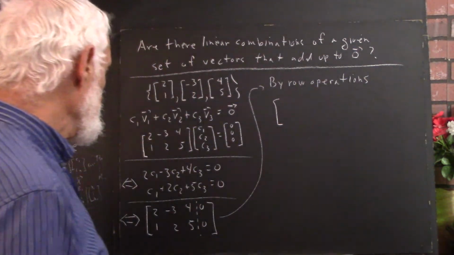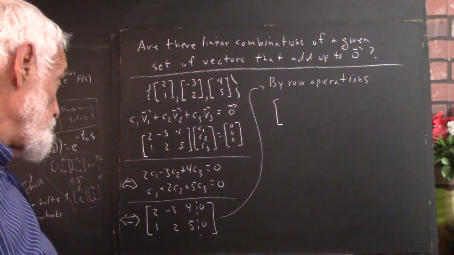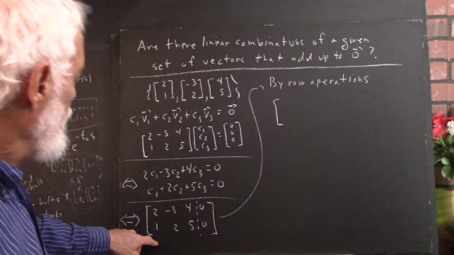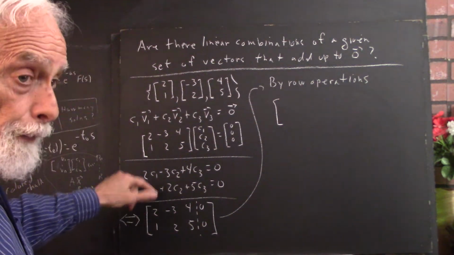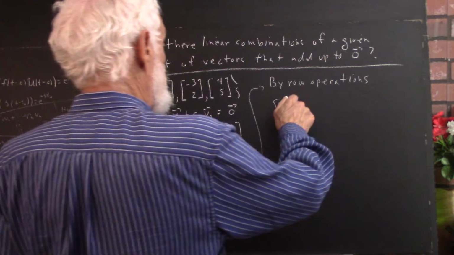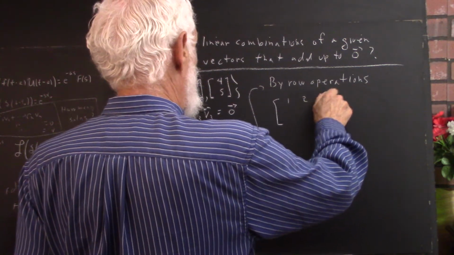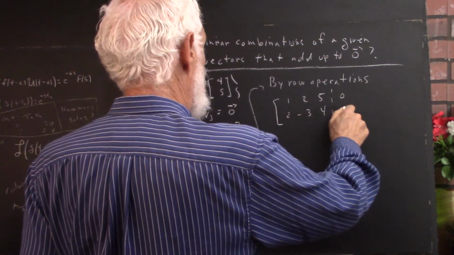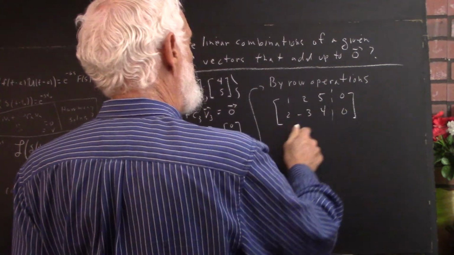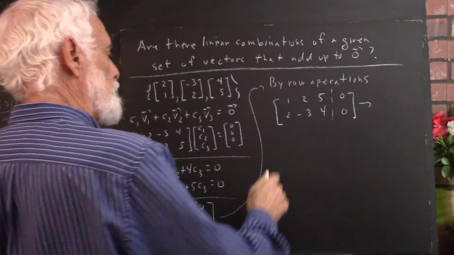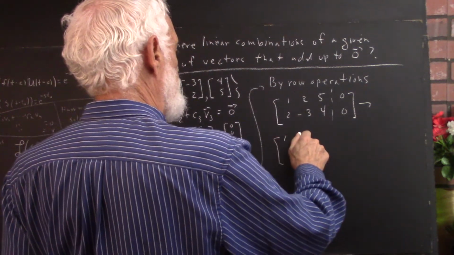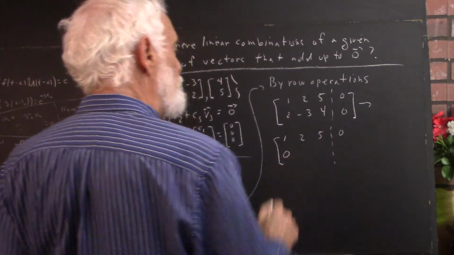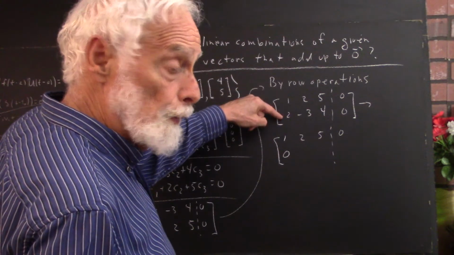And let's hope I do this correctly, but to be complete, I'm going to switch the rows so I have a 1 in the first column up at the top. So I'm going to say we have 1, 2, 5, 0, 2, negative 3, 4, 0. This leads to 1, 2, 5, 0, 0, adding negative 2 times the first row to the second.